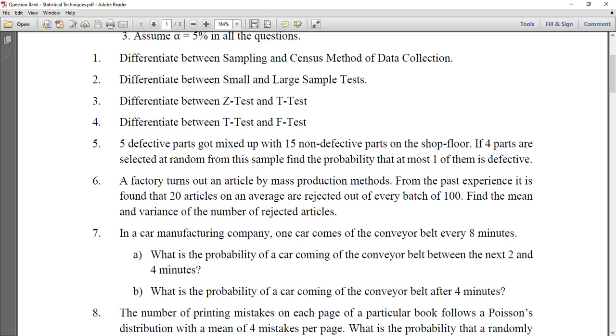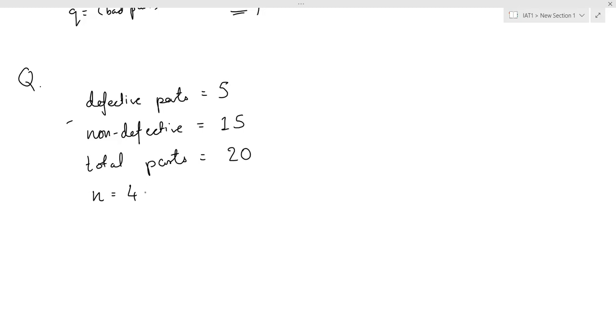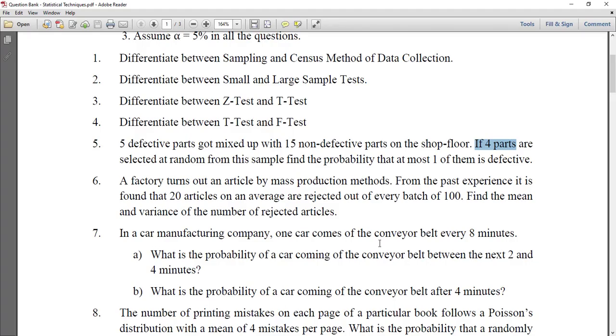What is the next thing that they have told us? If 4 parts are selected at random. So how many parts are we selecting? We are selecting only 4 parts. So 4 is going to be what? 4 is going to be our sample space. N is equal to 4. If 4 pieces are selected at random from this sample, find the probability that at most one of them is defective.